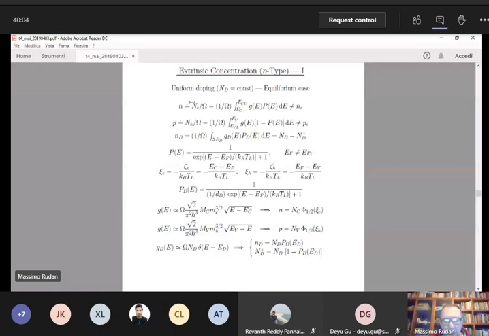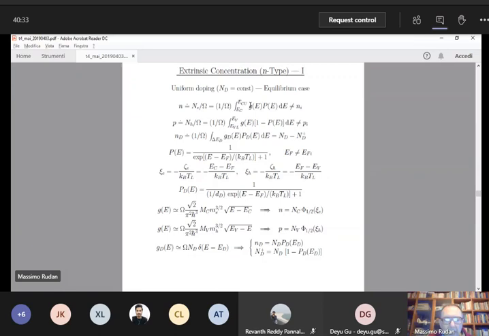And the calculation is formally identical to the intrinsic case. We must take the product of the density of states in energy times the probability of occupation, that is the Fermi statistics, and then we integrate over the conduction band, and then we divide by the volume. Okay, of course, we expect that this quantity will be different from the intrinsic case.